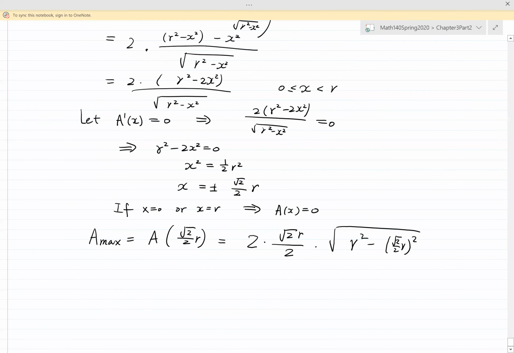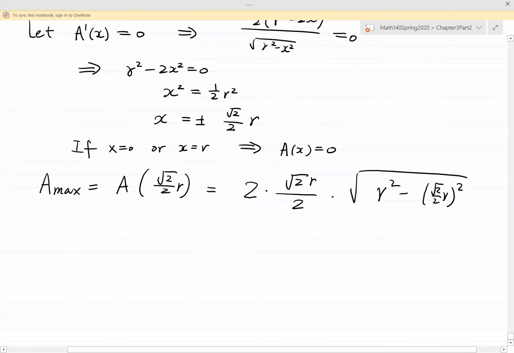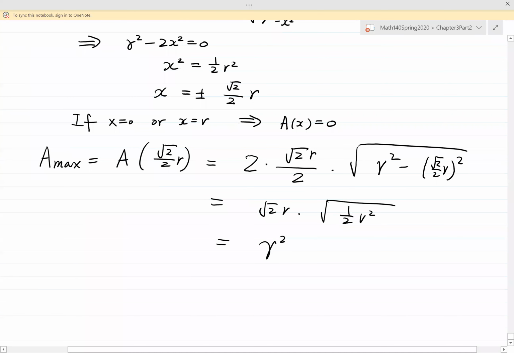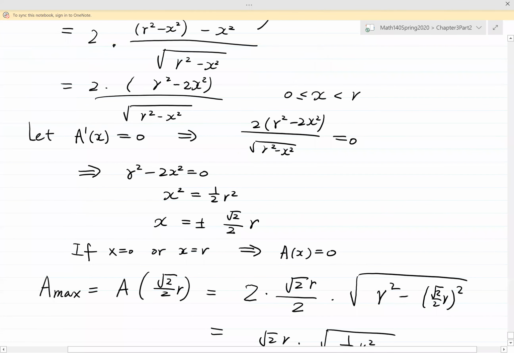So the 2 cancels, and we get root 2 r times 1/2 root 2 r, which is 1/2 r squared times 2. Finally we get r squared. So the maximum area is achieved when x is root 2 over 2 of r, and the maximum area is r squared.